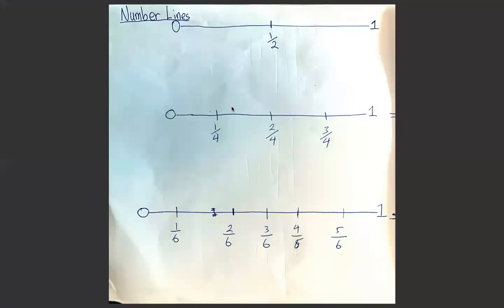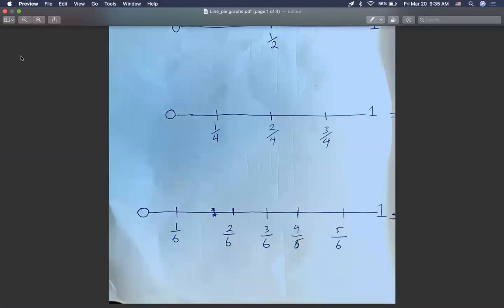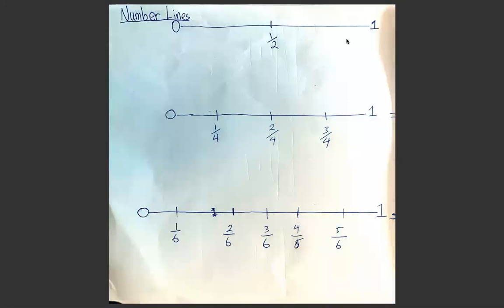All right, when we're talking about the whole on a number line, it is 0 to 1. You can count how many are in the whole by counting how many lines after 0, so 1, 2, and stop at 1.